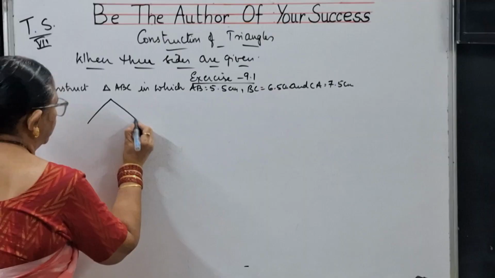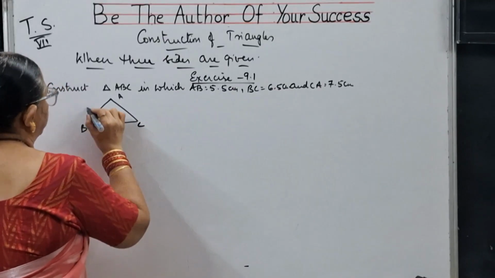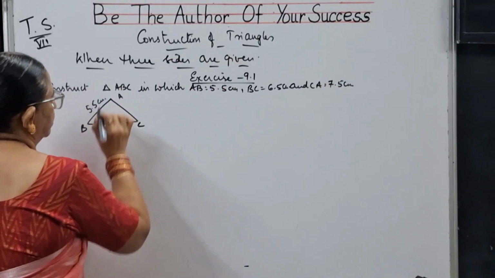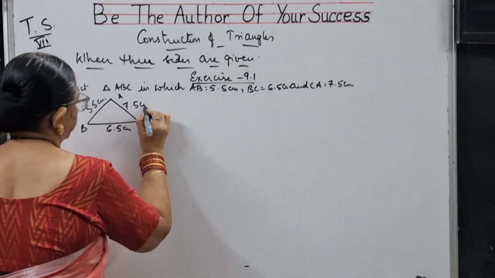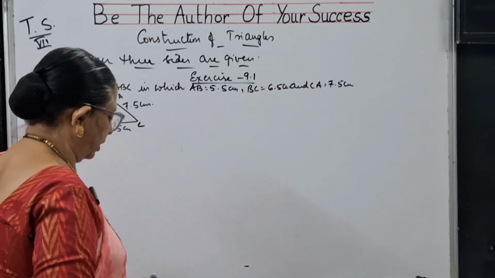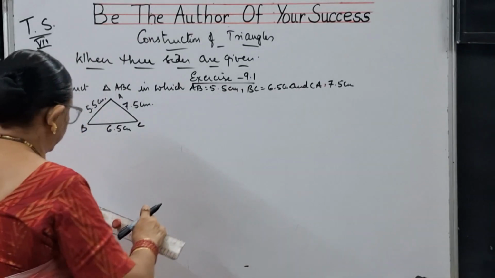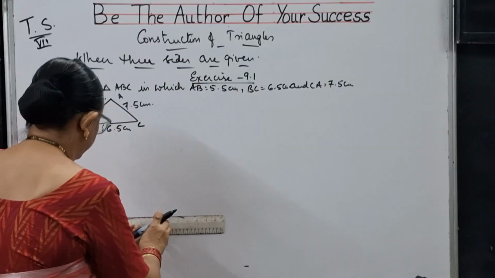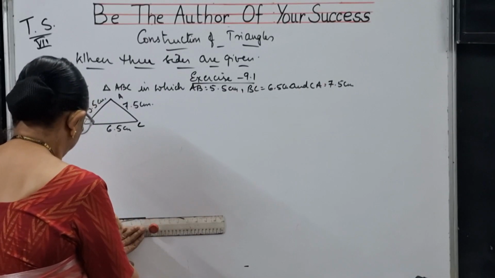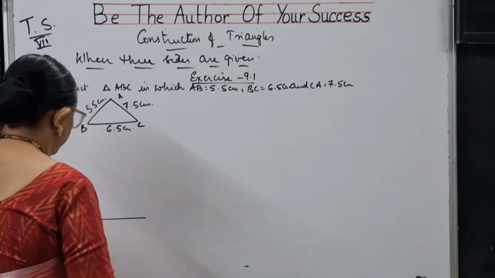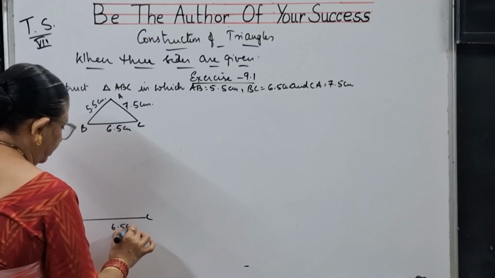Let me draw a rough diagram A, B, C, in which AB is 5.5 centimeters, BC is 6.5 centimeters, CA is 7.5 centimeters. So we have got an idea about how it has to be constructed. So first what you have to do, you have to take 6.5 centimeters BC. So this is 6.5 centimeters, B and C, 6.5 centimeters.